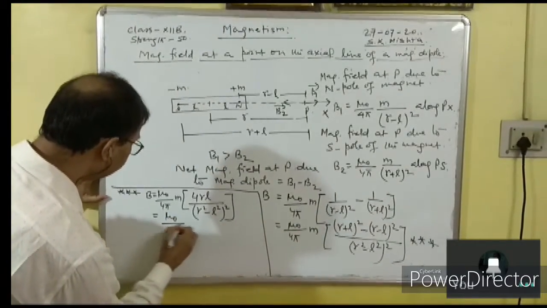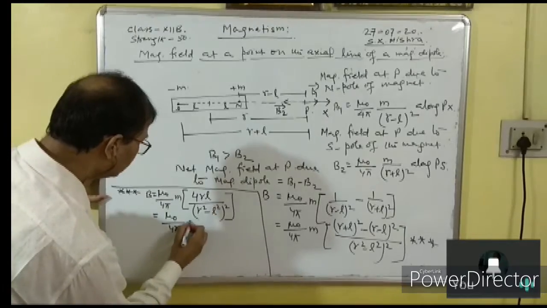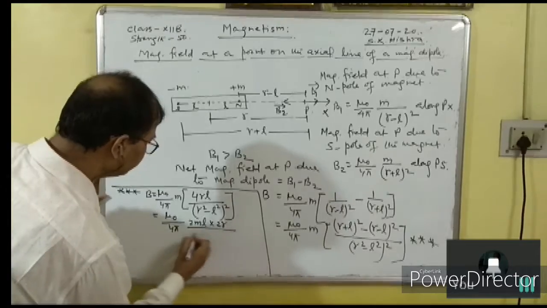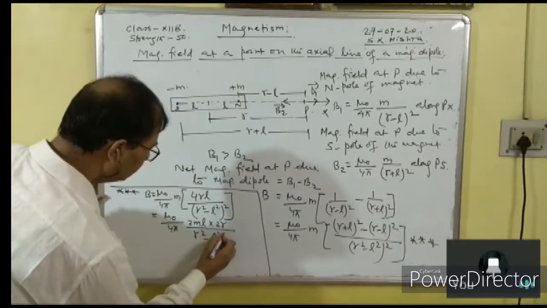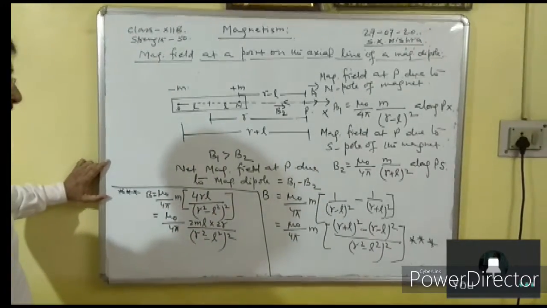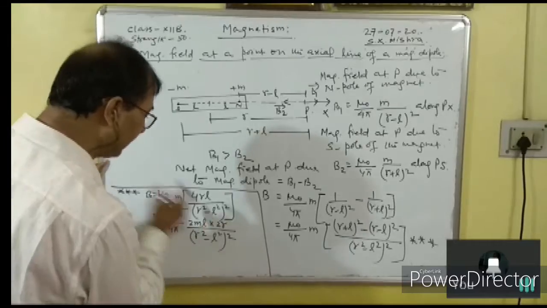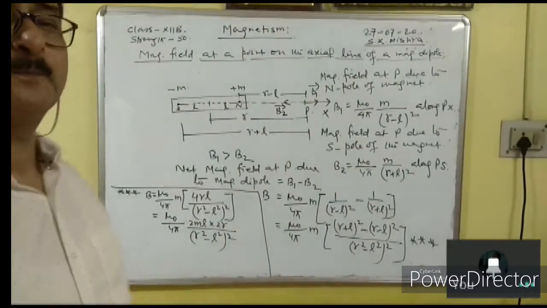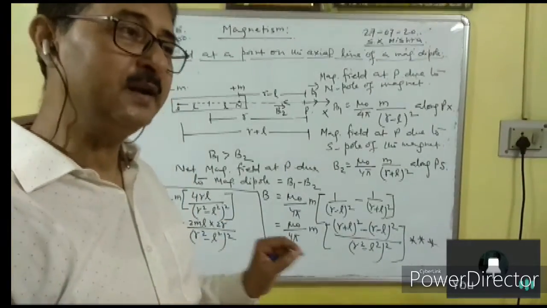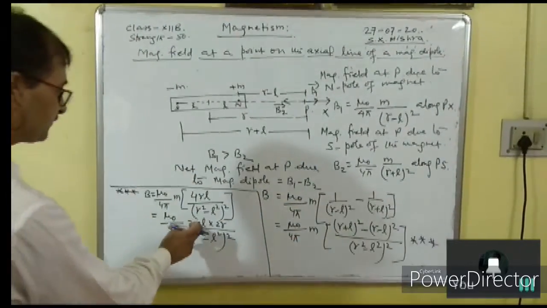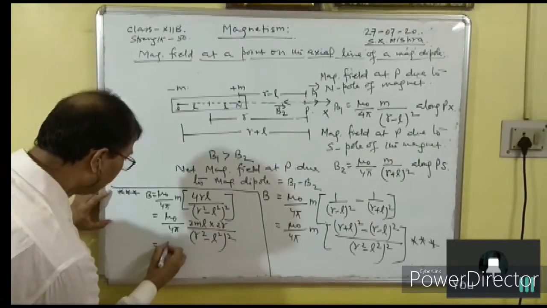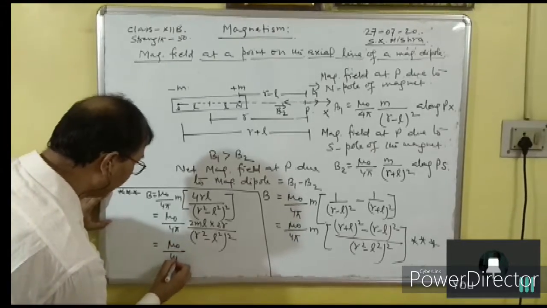Similar to what you have already studied in electrostatics, minus Q plus Q. Instead of that, here it is plus M minus M, magnetic charge. So just subtract them. Your answer will be mu naught by 4 pi, then M common, and then 1 by (R minus L) square minus 1 by (R plus L) whole square.